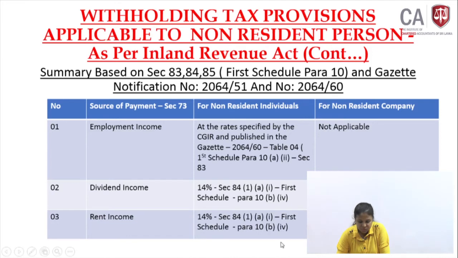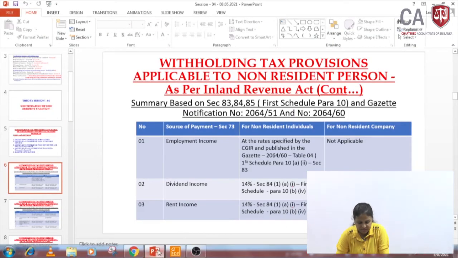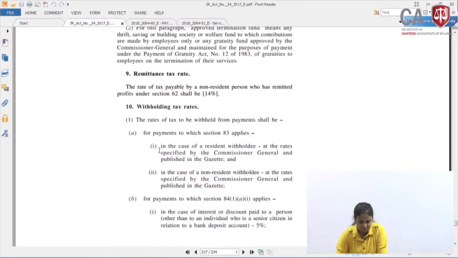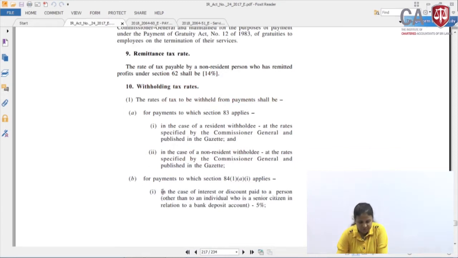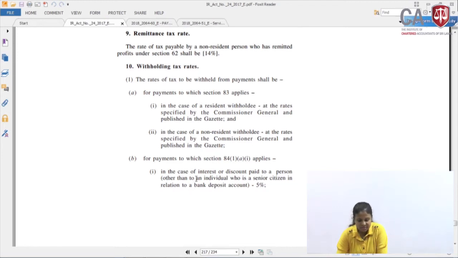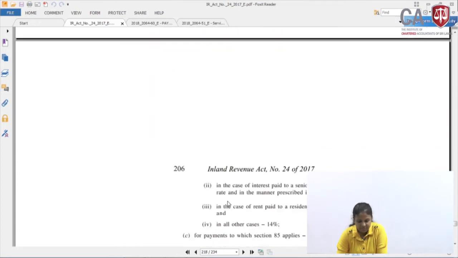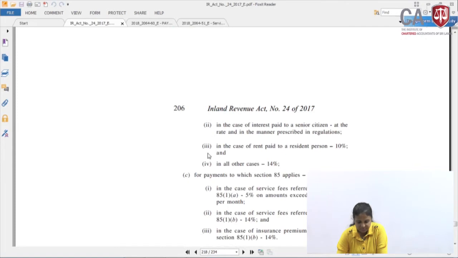Now, I need to show the withholding tax on dividends. In that we will go for the payment to which section 84 subsection 1A Roman 1 applies. We will go for the section after looking at this. In the case of interest and discount, there is a provision. You can see for the interest of a senior citizen, then in the case of rent paid to a resident person, 10%.